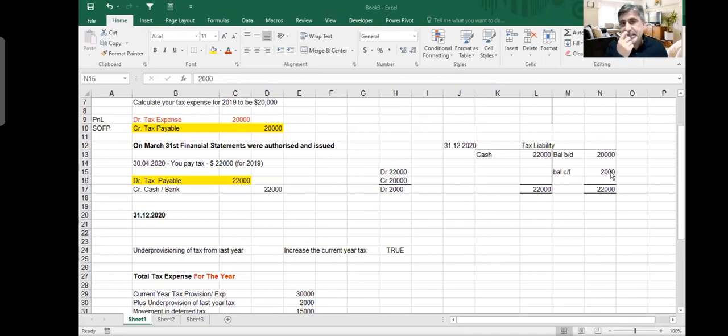Temporary differences means that there is a difference in accounting treatment in this year, and in the next periods, in the next years, it will be cancelled out. So for example, I write down depreciation of 100 in this year, the tax department says they will write down 50 in this year. So there is a difference. As a result, profit will be different, and as a result, profit tax will be different.